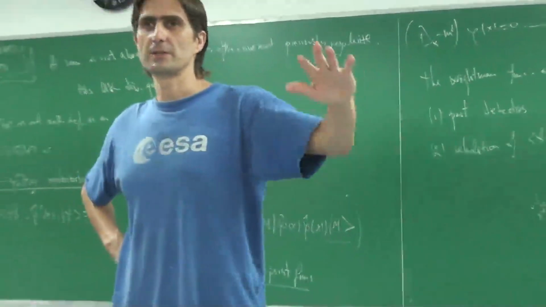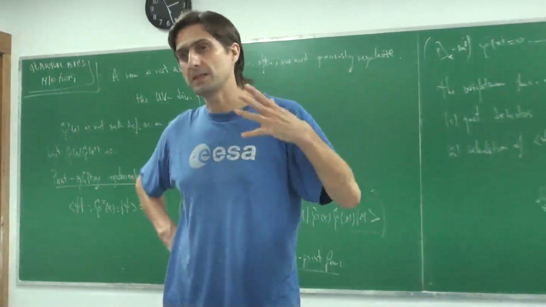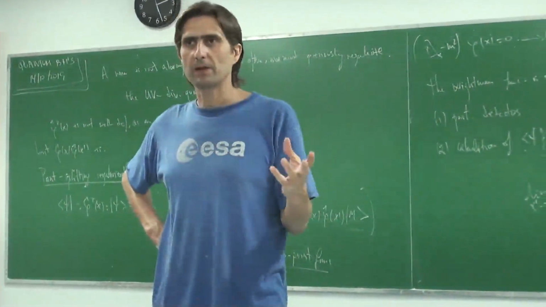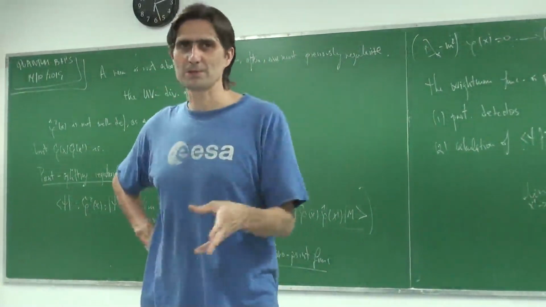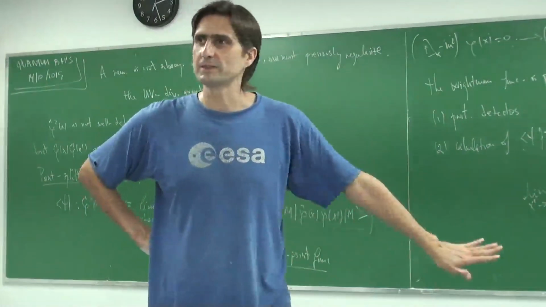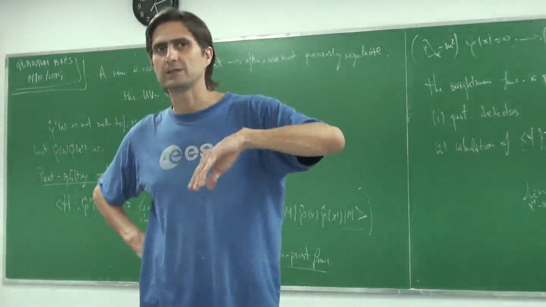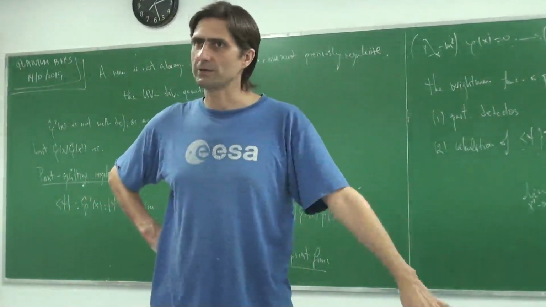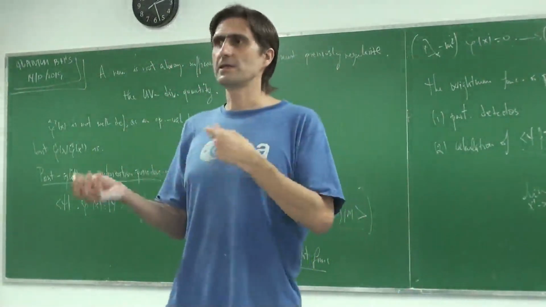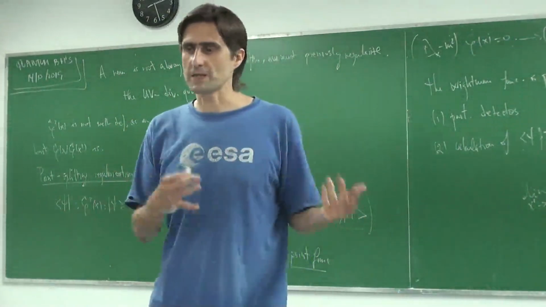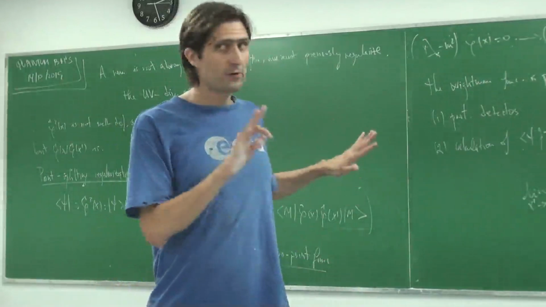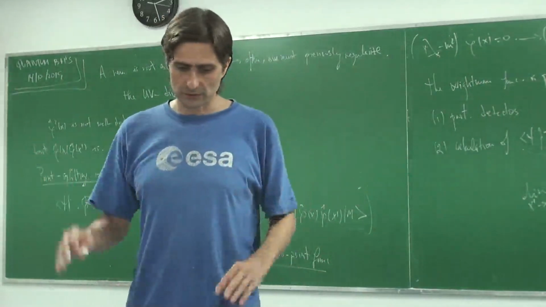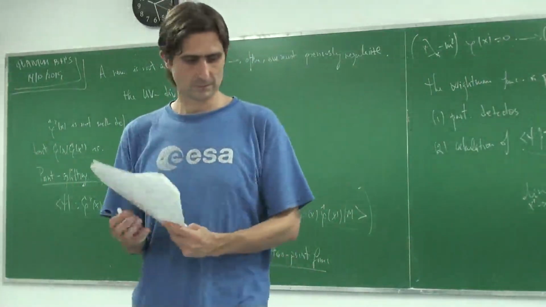I was going to calculate in flat space-time explicitly, look at particle detectors, but I've been asked to go on to curved space-time as soon as possible, so I'm going to avoid that for now. If I have time at the end, we can go back, calculate in flat space-time, and see what happens to different particle detectors in flat space-time, maybe even in Schwarzschild space-time, and so on. But for now, I'm just going to leave it here and move on.